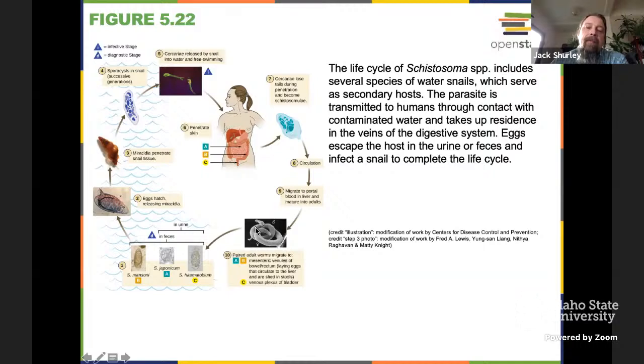Once they're paired up, the male has a gynecophoral groove, so it's kind of a split body. The female swims up into that, and he closes himself up around her. They pair up, they're locked together forever.